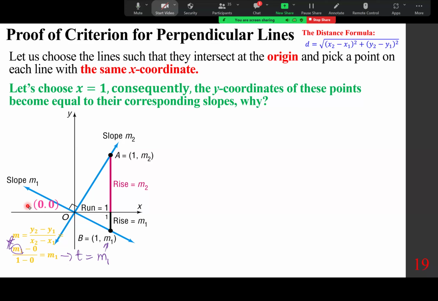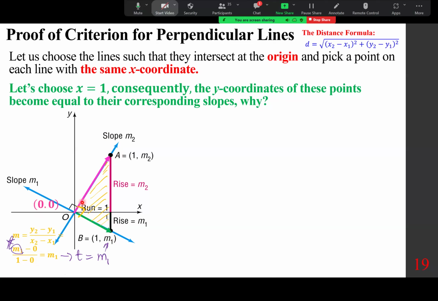Now, we are looking at this triangle, which is a right triangle. So the Pythagorean theorem says, because they are perpendicular, making a 90 degree angle, OA squared plus OB squared is AB squared.